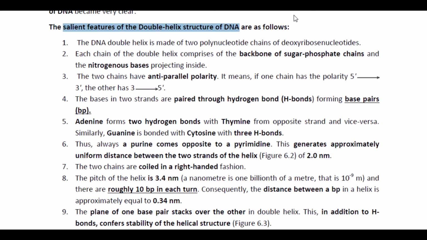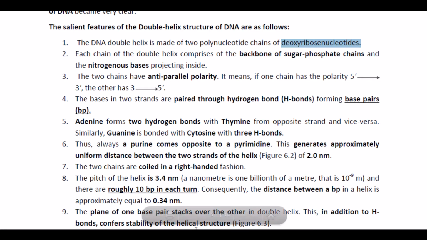And the basic DNA structure is made up of two polynucleotide chains. These are the two polynucleotide chains, and each of these polynucleotide chains is made up of deoxyribose nucleotides.